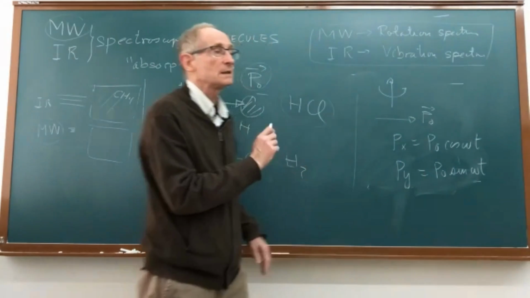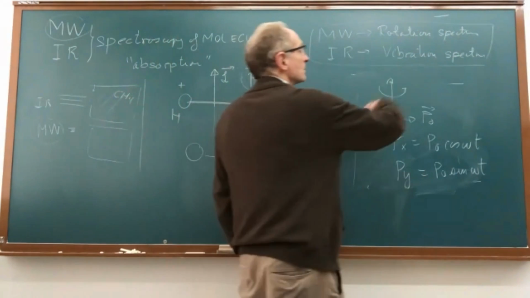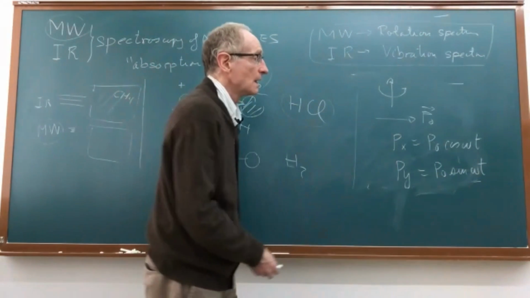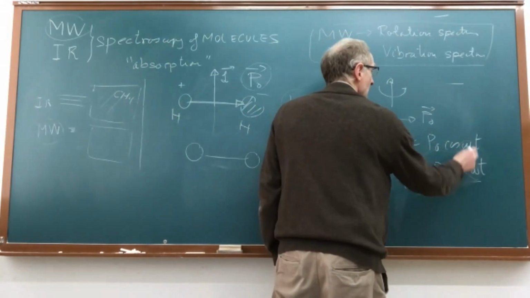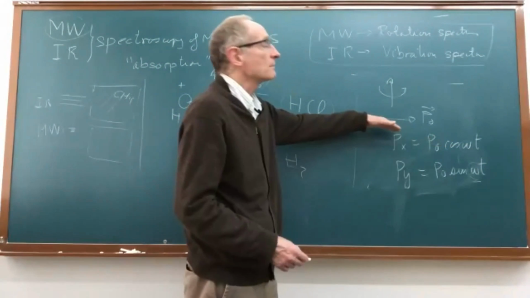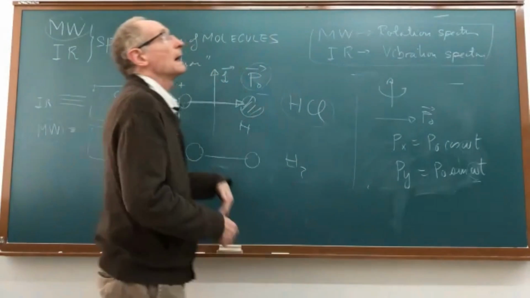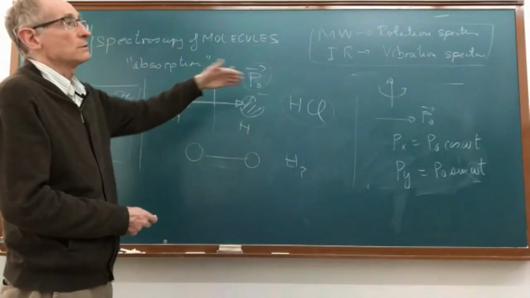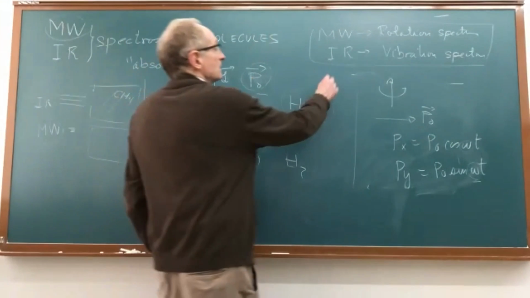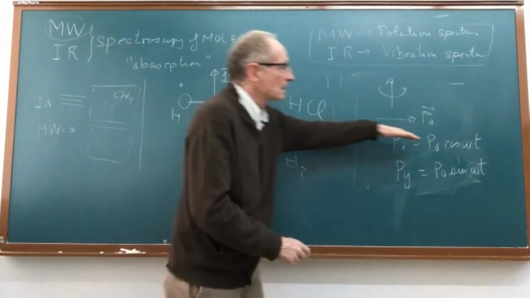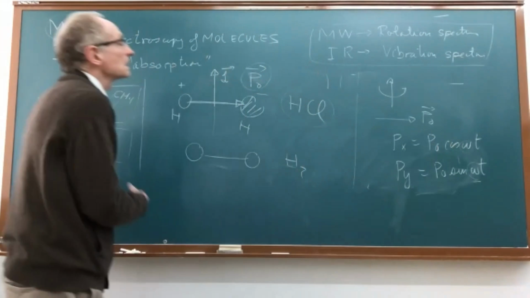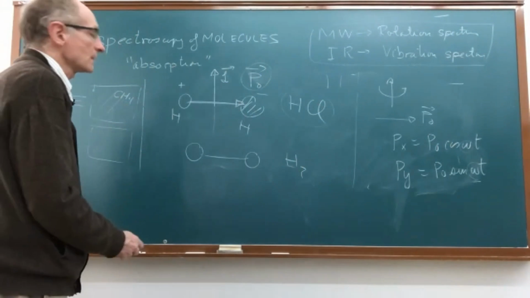Whenever I have oscillating dipoles, I have radiation. This is going to emit, or this is going to absorb, classically, with the rotation frequency of the molecule. At the quantum level, you have to do the previous analysis and you find a discrete set of frequencies. I mean, frequencies are equally spaced. So you can observe many different frequencies.